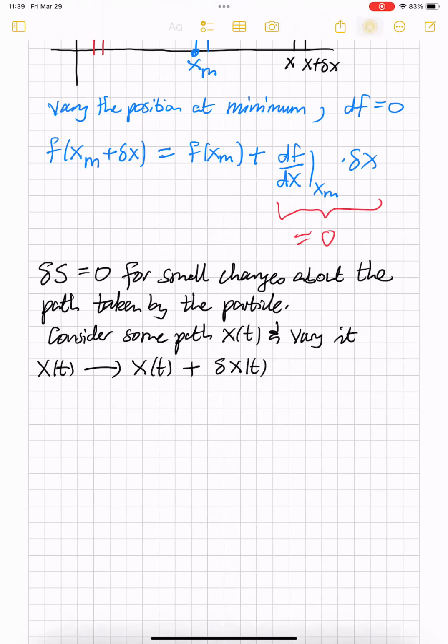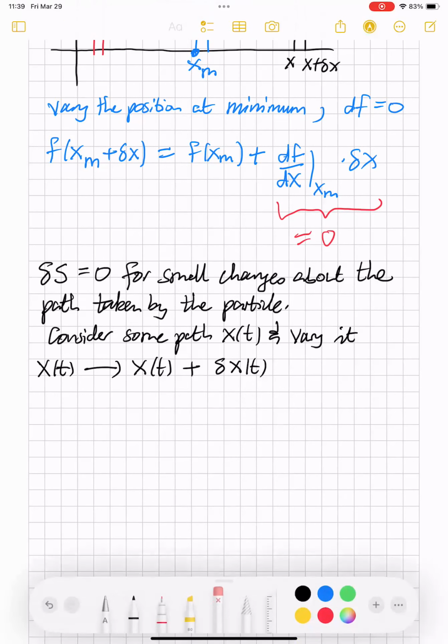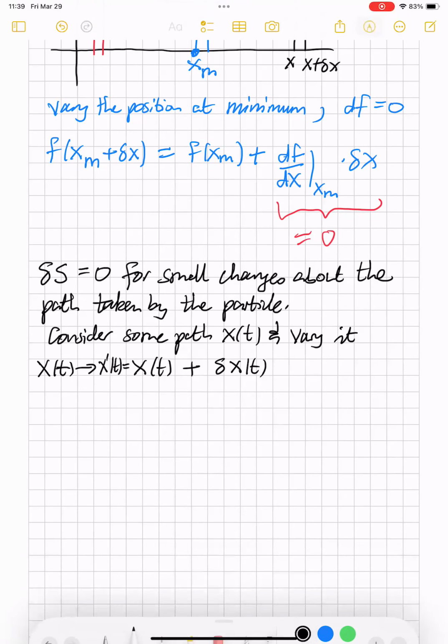In fact, let me introduce a little bit of notation that will probably be useful, I think. So x primed of t equals, so we're varying x of t into x primed of t. Now, the action depends on both x and x dot. So x dot of t will also vary.